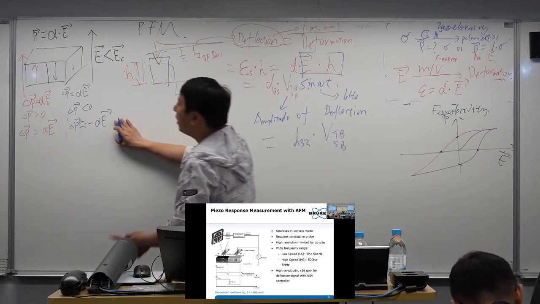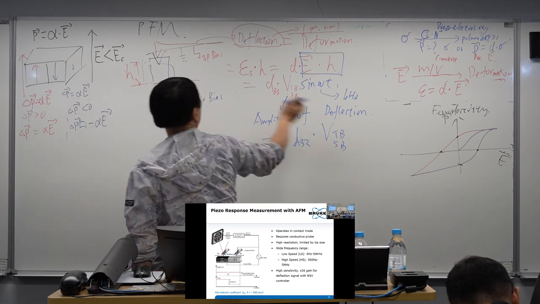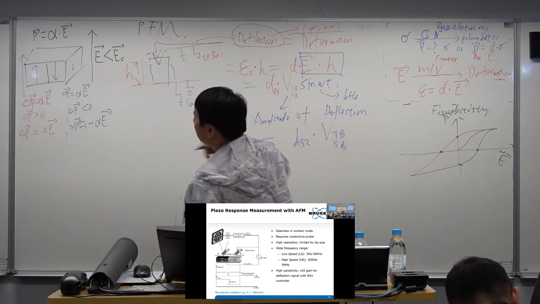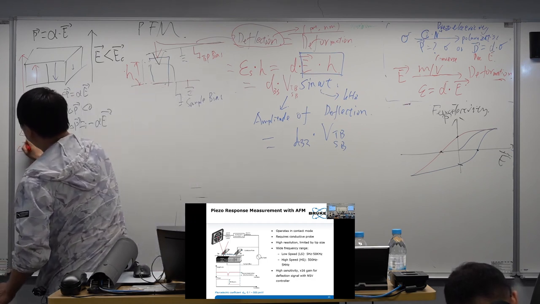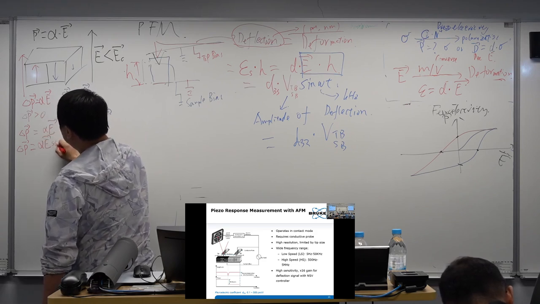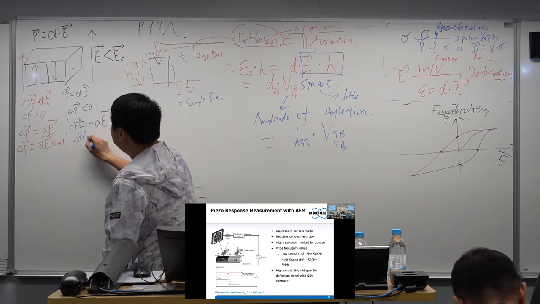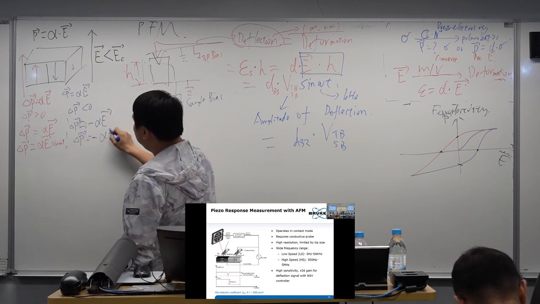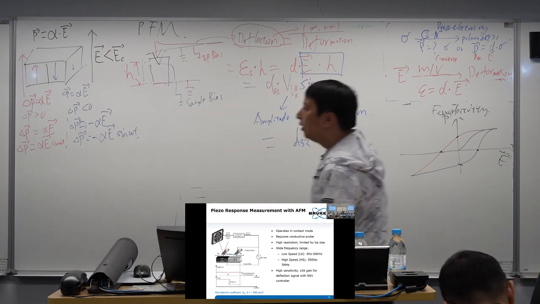Then I make my electric field modulated, to be sine omega t. Then I add it here: delta P equals alpha E sine omega t. And this one will be delta P equals negative alpha E sine omega t.